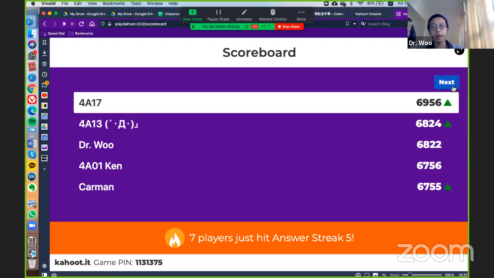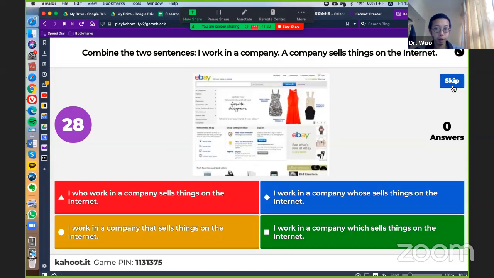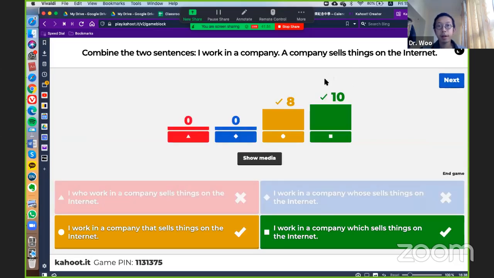Nice. Whoa, it's neck and neck. Combine the two sentences. Great. Super job.